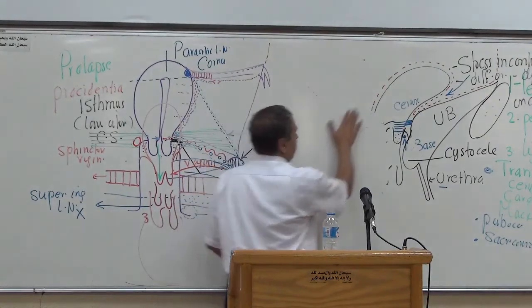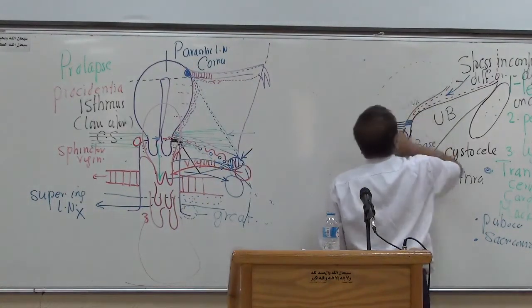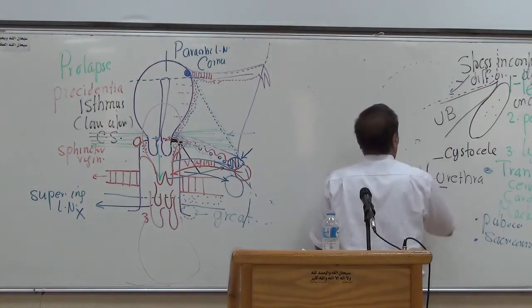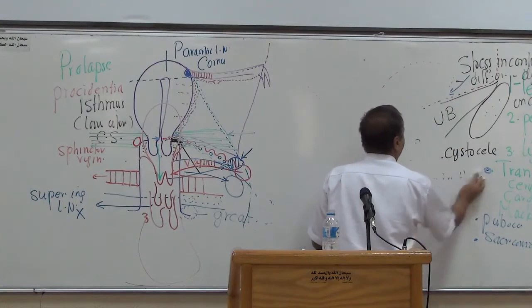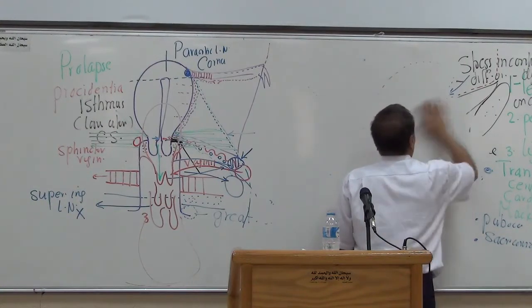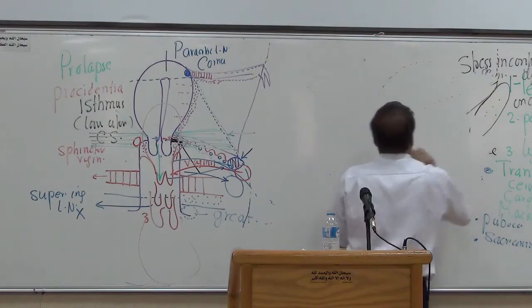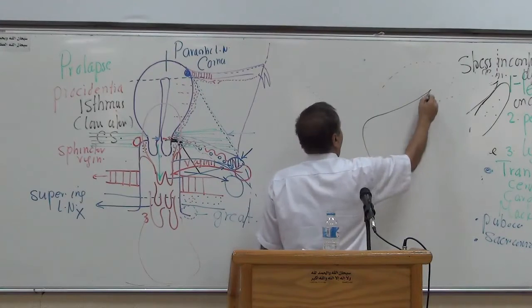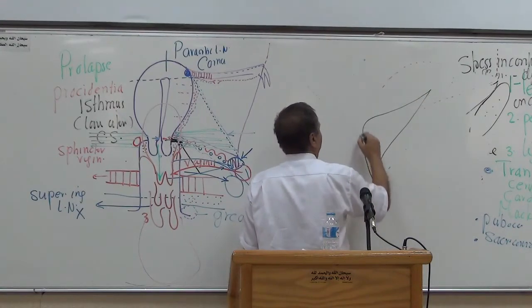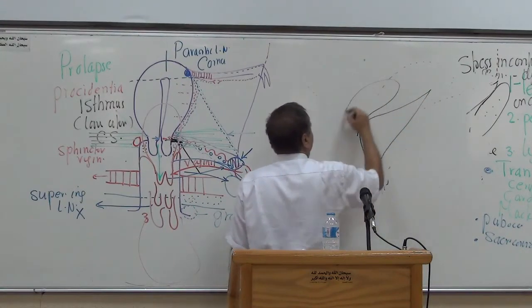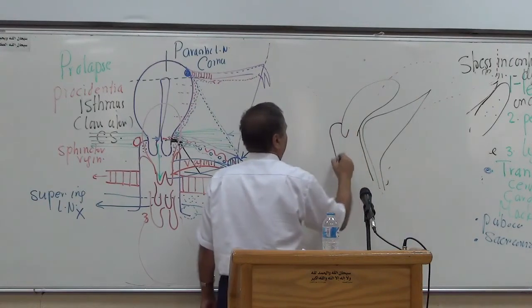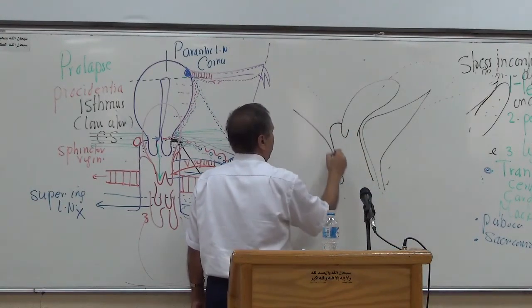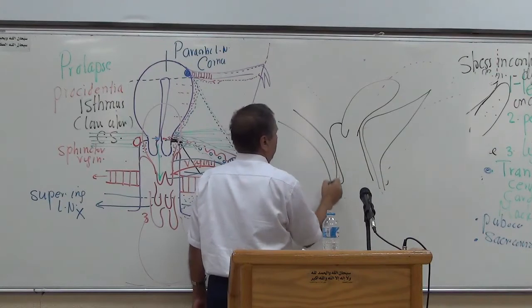When I do PV examination, I feel anteriorly. This is the bladder, and this is the urethra, and this is the vagina, and this is the cervix, this is the uterus, and this is the tubular vagina, and this is the rectum, and this is the perineal body.